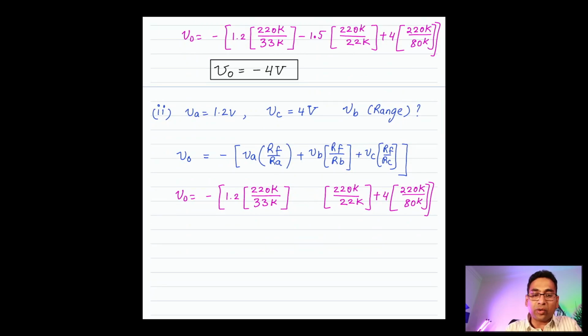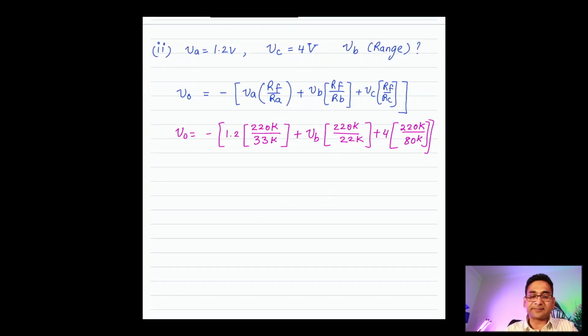I don't know the value for VB. That's what I'm supposed to find out, the range, so I leave VB as a variable because it's not given anymore.